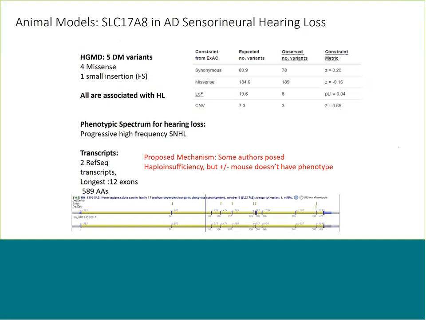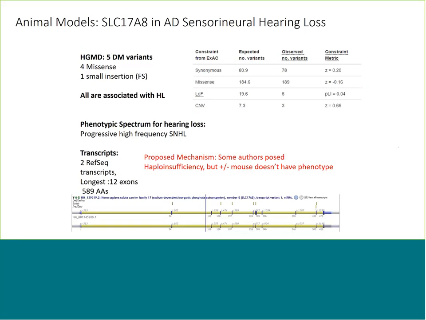I just wanted to talk about knockout animal models when the disease is potentially not a loss of function type disease, or variants aren't necessarily loss of function. Oftentimes when we're evaluating animal models, particularly for autosomal dominant sensorineural hearing loss, in this case for SLC17A8, a solute carrier channel, we often look at the spectrum of variants that are posed to be associated with disease.